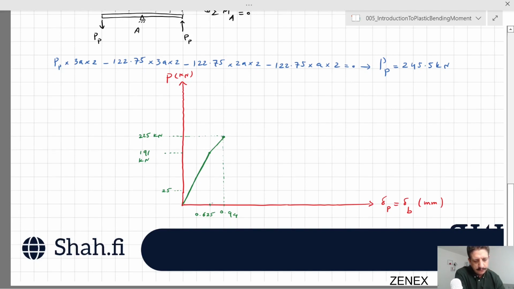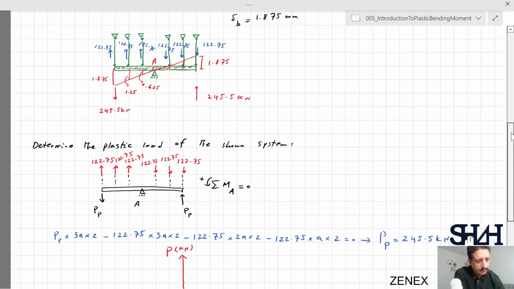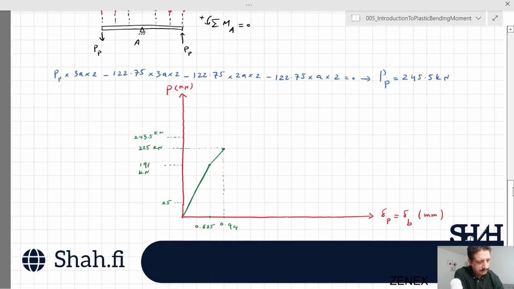And then when the load is 245.5, the deformation is now 1.875. So here we can see that the deformation is accelerated by increasing the load.